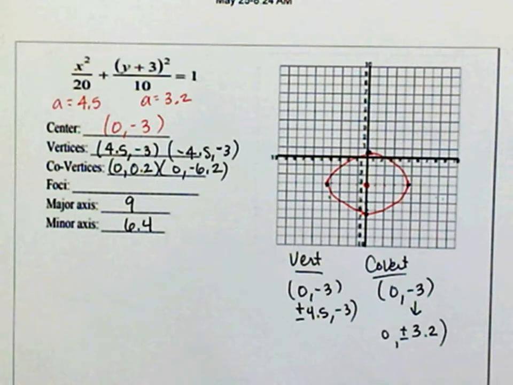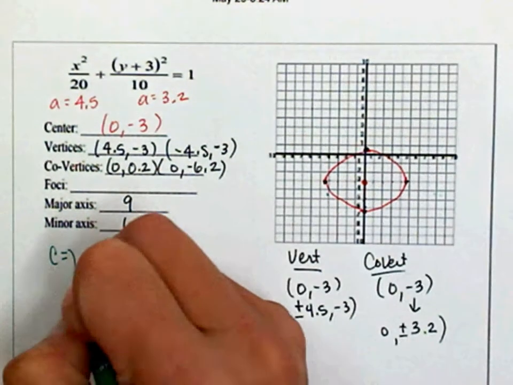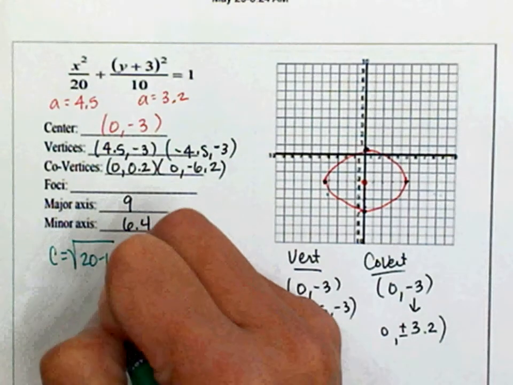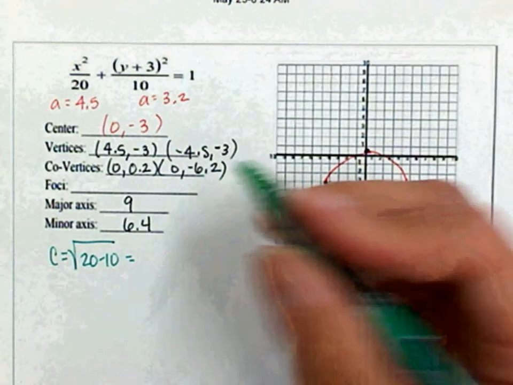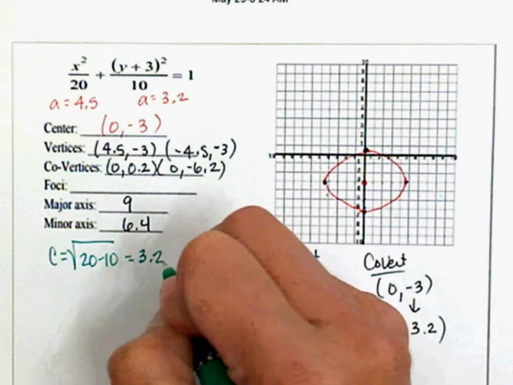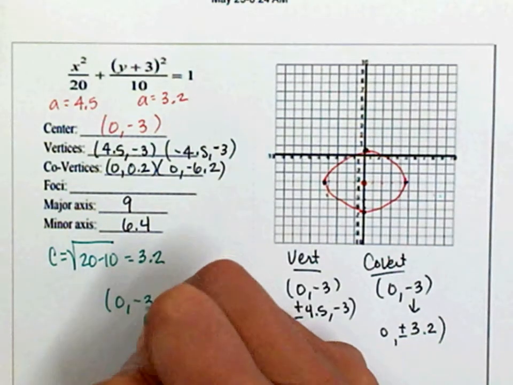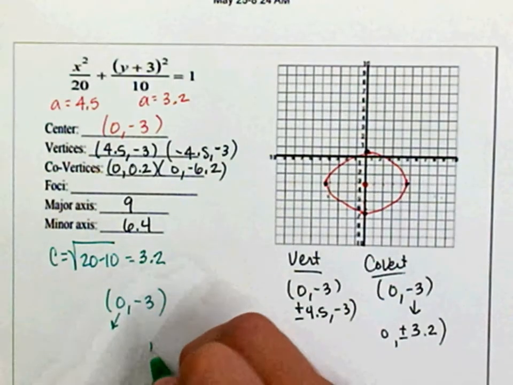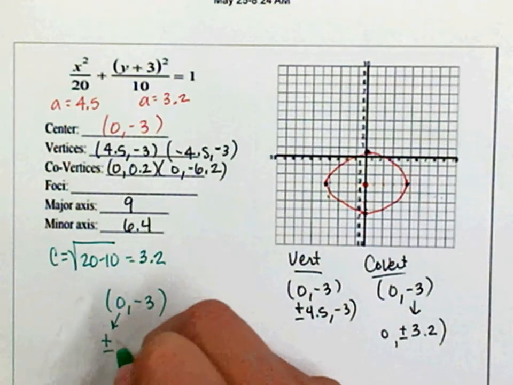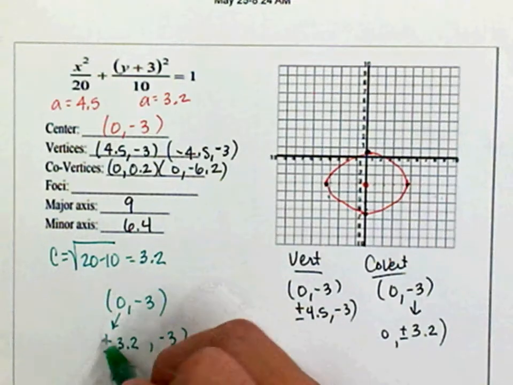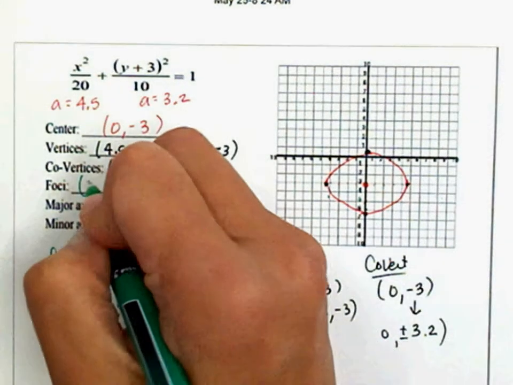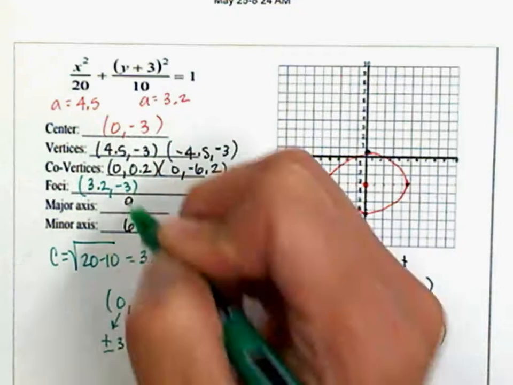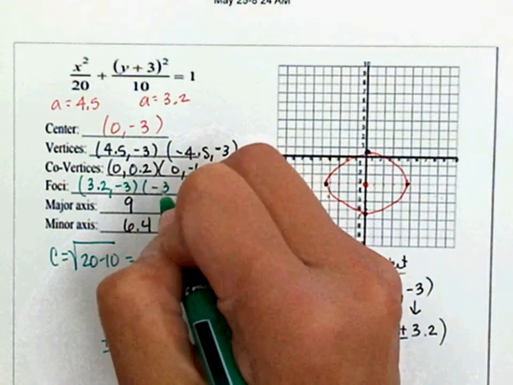Now we're going to find the foci. C equals square root of 20 minus 10, which comes out to be square root of 10, which is 3.2. And your center is 0, negative 3. Well, x is your bigger one, so we're going to keep negative 3, so plus or minus 3.2. 0 plus 3.2 is 3.2, negative 3. 0 minus 3.2 is negative 3.2, comma, negative 3.